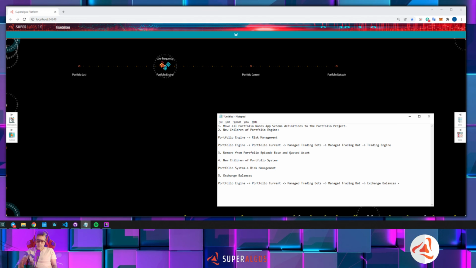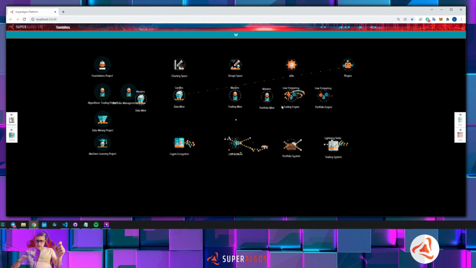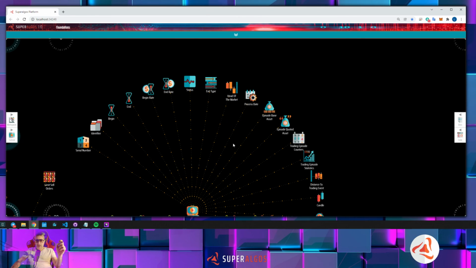And from here, we might have something like this at the trading engine, that we have a base asset.